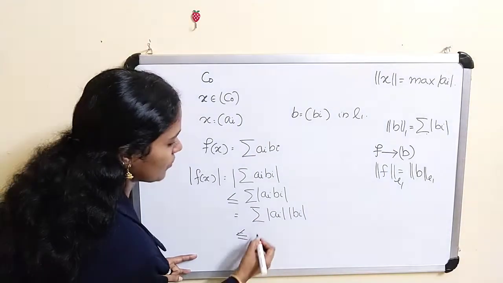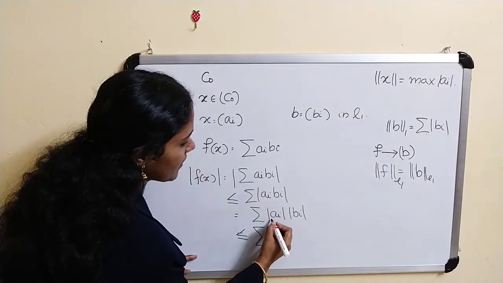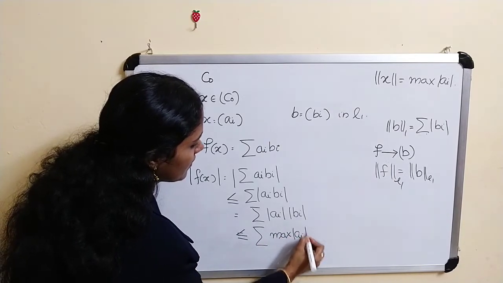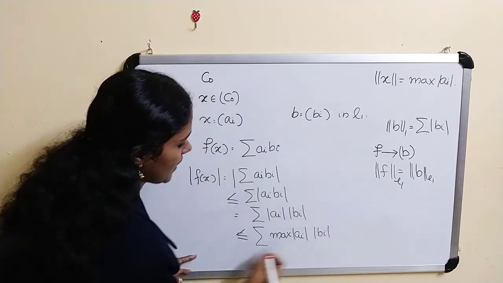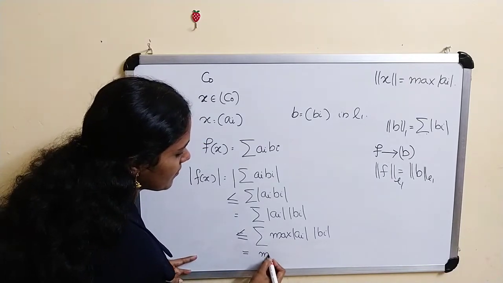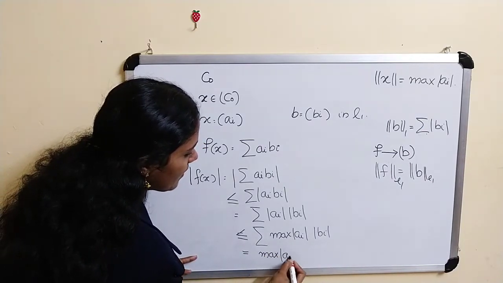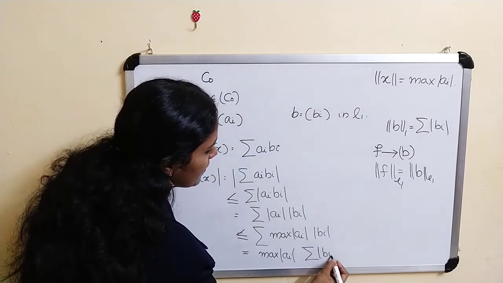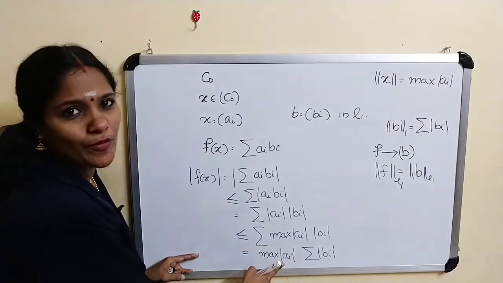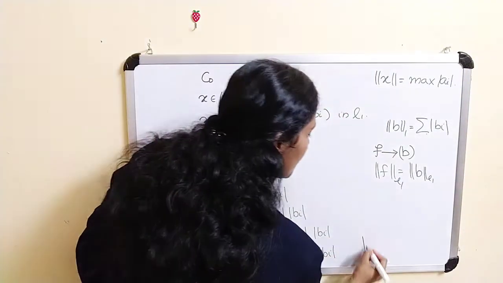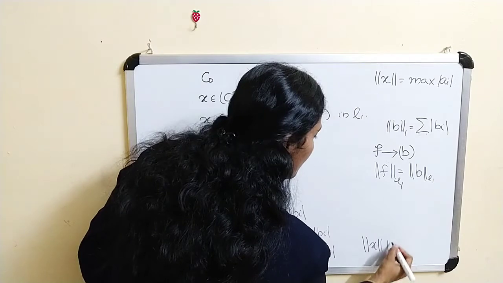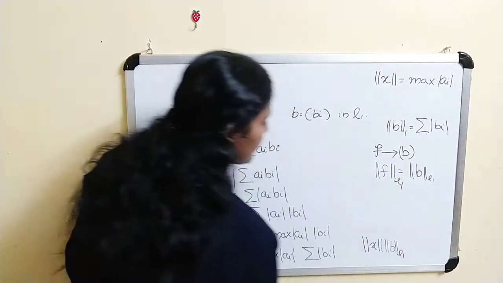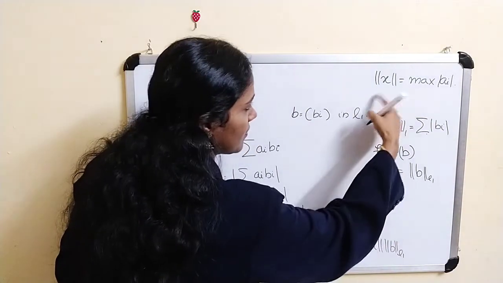This is less than or equal to sigma, where you can replace mod a_i by the maximum of mod a_i, times mod b_i. This is equal to the maximum of mod a_i times sigma mod b_i, and the maximum of mod a_i is norm of x in the C0 norm, into norm of b in L1.